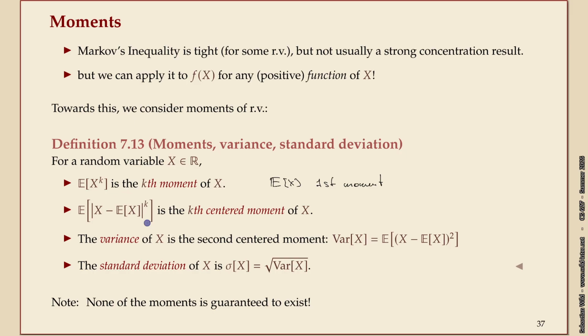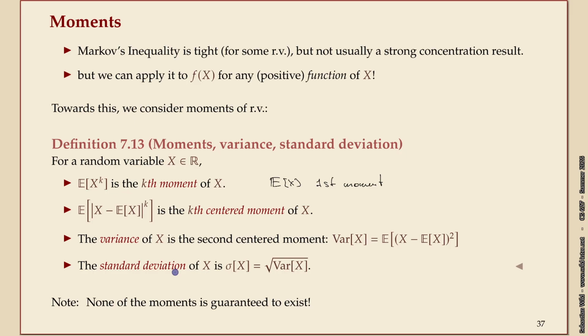So what this does is, well, the centering means expected value is 0, but then you're also taking powers, which means you make the variable more extreme. If it was close to 0 before, it's much, much closer to 0 now. If it was far away from 0, it's much further away from 0 now, depending on whether it's larger or smaller than 1. We'll see the effect of this in a second. You'll be familiar with the second centered moment. That's just the variance.